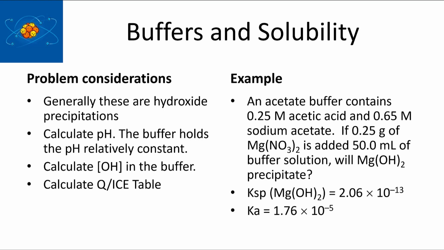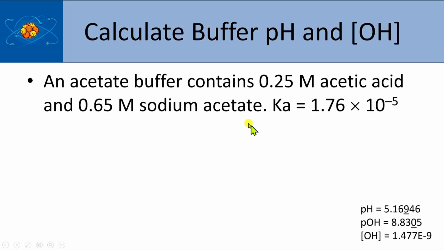Okay, so we have the buffer and we're adding magnesium to it, and we're asking whether or not magnesium hydroxide precipitates. So first thing to do is look up your Ksps, and then also look up your acid ionization constants, and also write the reactions out that are important. So let's deal with the buffer first. This is an acetate buffer.